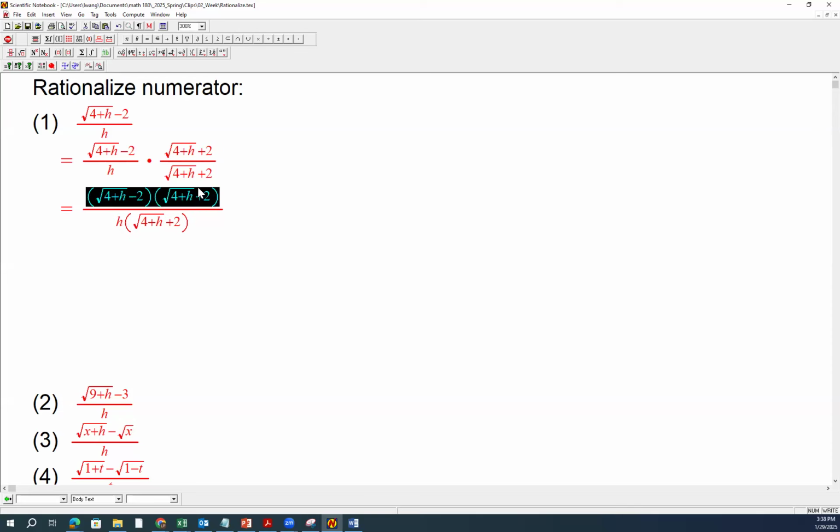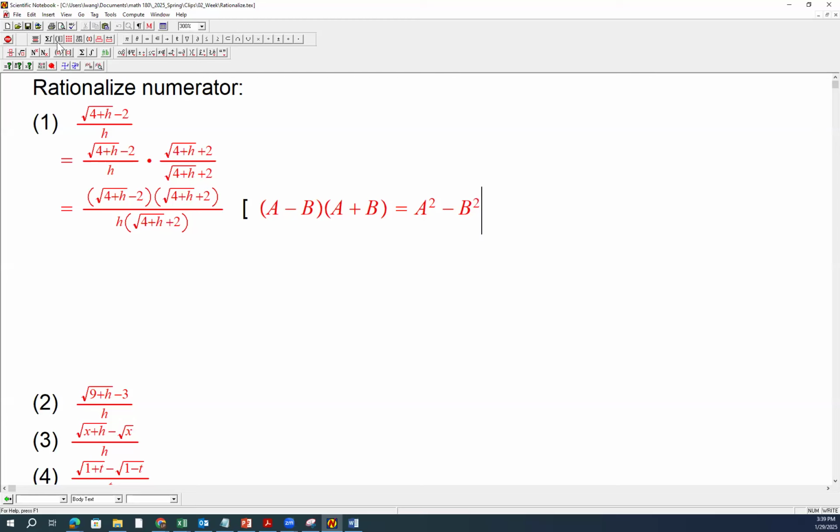On the numerator, we're going to apply another very useful product, also called a special product, that you have learned in elementary algebra. Let's review what that is. It's A minus B multiplied by A plus B. If we FOIL this product, we're going to get A squared minus B squared.